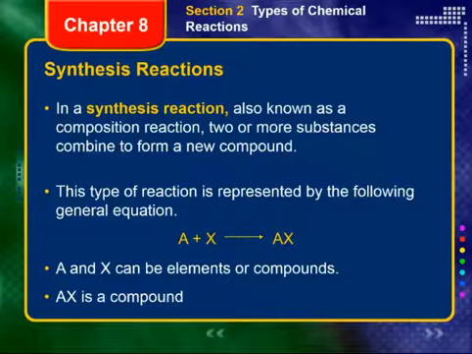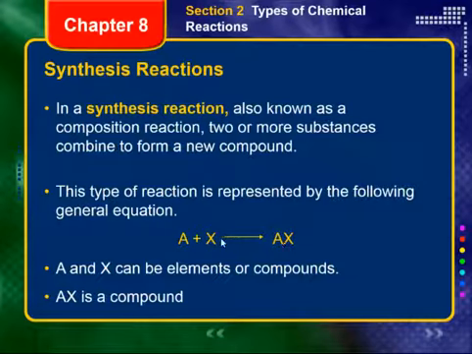Here's your general equation for a synthesis reaction. We have whatever stuff A. This might be monatomic, it might be polyatomic, I don't know, but it's going to be this substance A and this substance X, and they come together to form one thing. Now, it's not to say that there might be some second product over here.